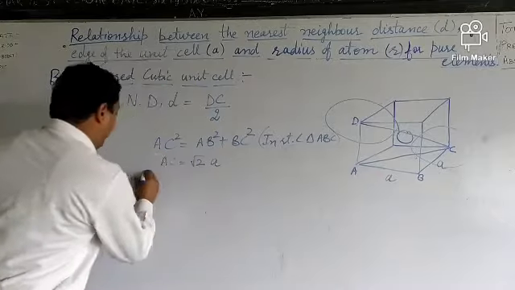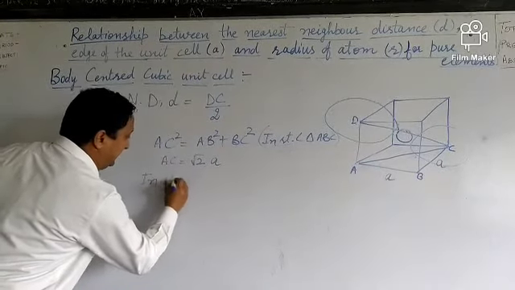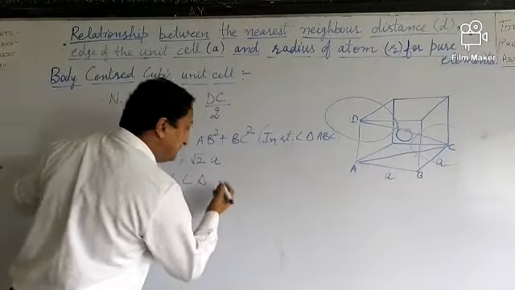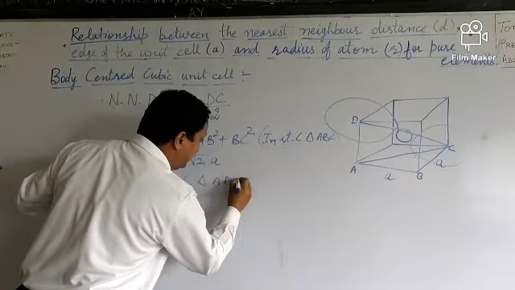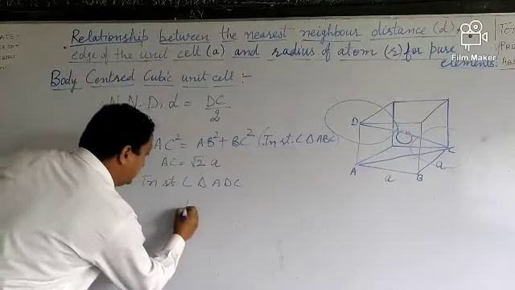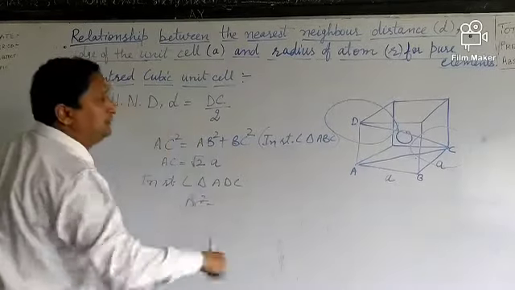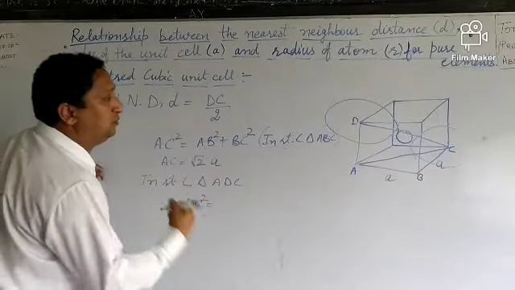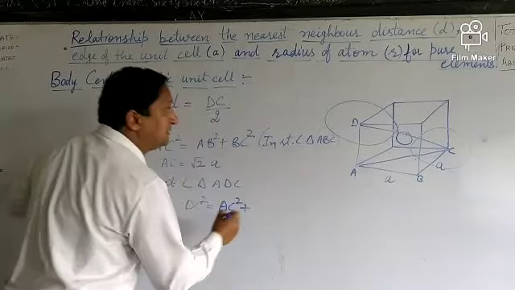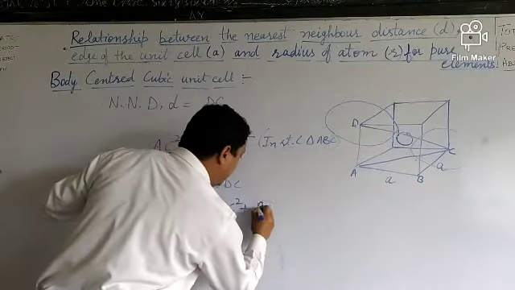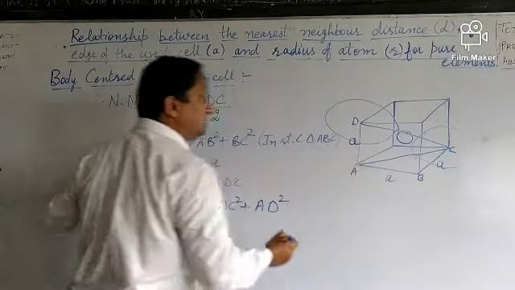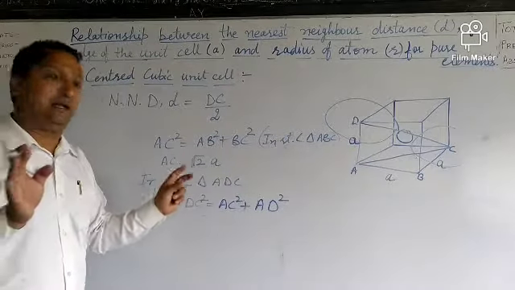So in right angle triangle ADC, DC square is equal to AC square plus AD square, and AD is also A because this is the edge length and edges of cubes are equal.